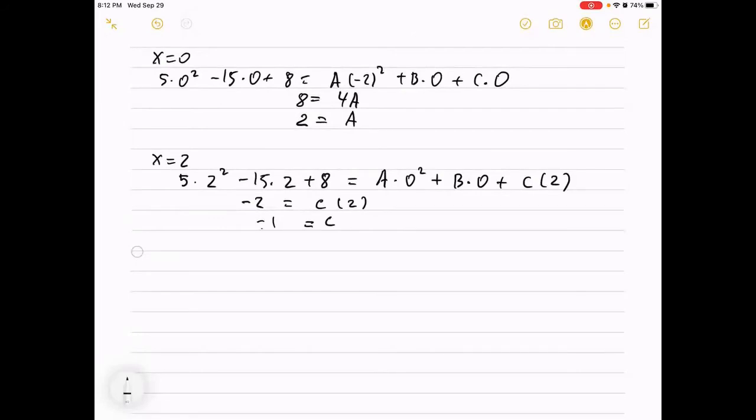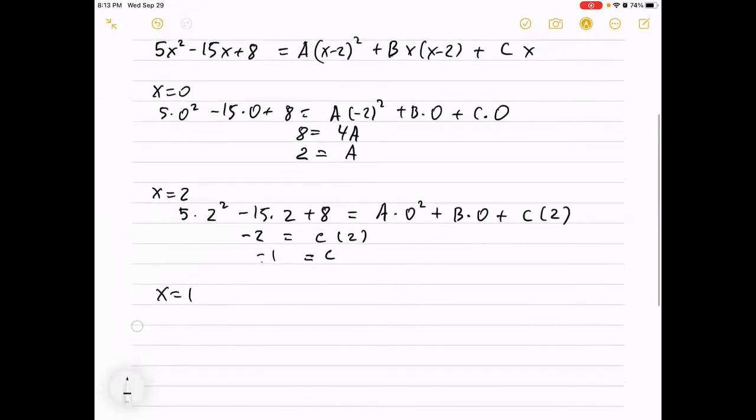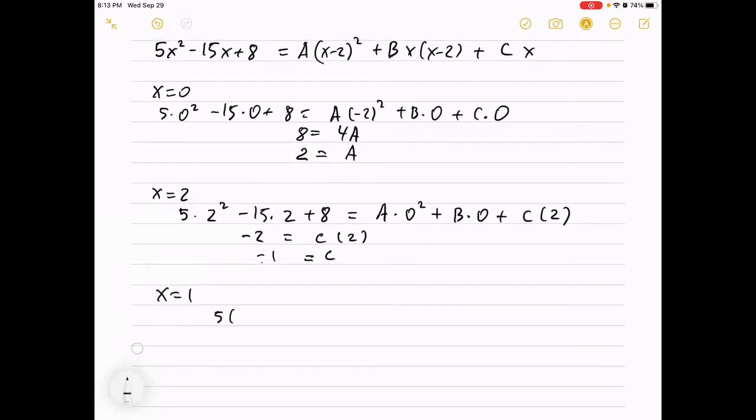And we need to pick one more value for x. One of the easiest ones, we're going to pick x equals 1. So if we choose x equals 1, we're going to get on the left side 5 times 1 squared minus 15 times 1 plus 8, equals A times (negative 1) squared plus B times negative 1 plus C times 1.